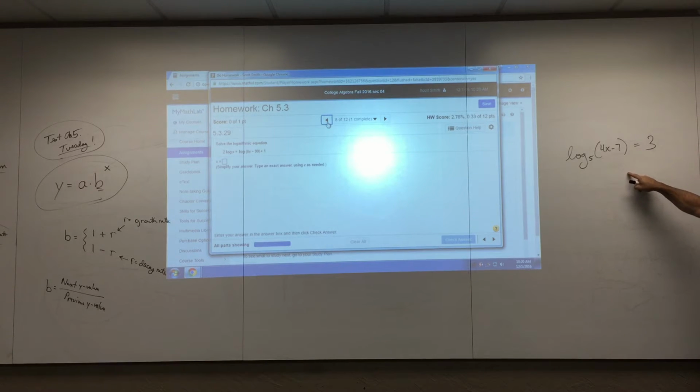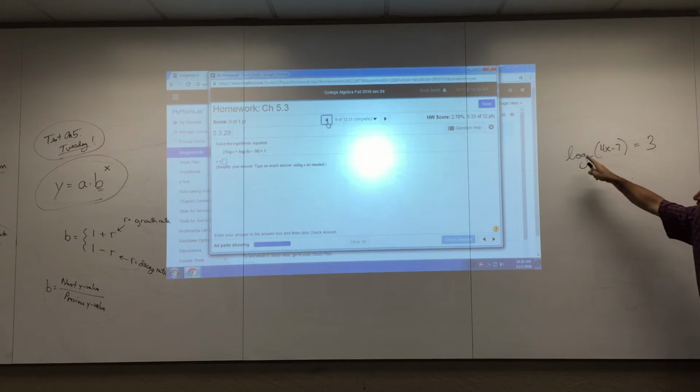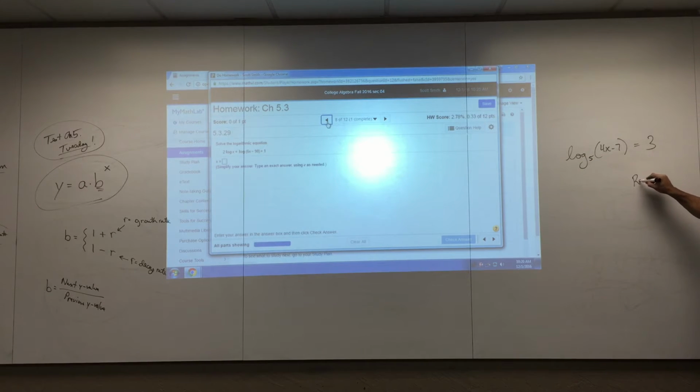My directions for solving a log equation are to rewrite it. There might be a different idea that works better for your brain, but I'm saying you rewrite it in exponential form. There is a base staring right at you. It's the base of the logarithm. It is 5. And the base has an exponent, which is the 3.